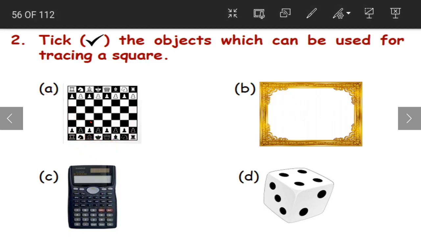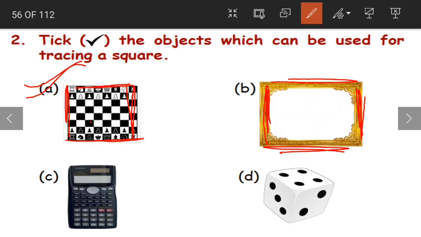Coming to option A, a chessboard. Can this be used? Yes, this can be used. Why? Because all four sides of this chessboard are equal. So it can be used to trace a square. Now coming to object B, this is a photo frame. If you look at it carefully, all the sides are not equal.